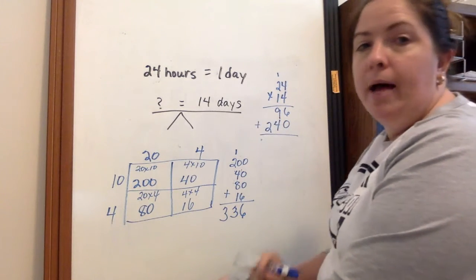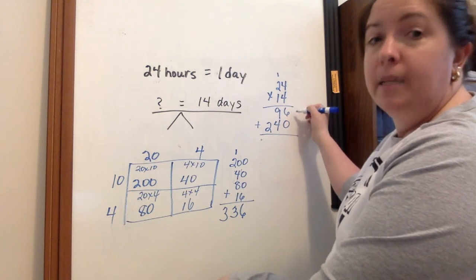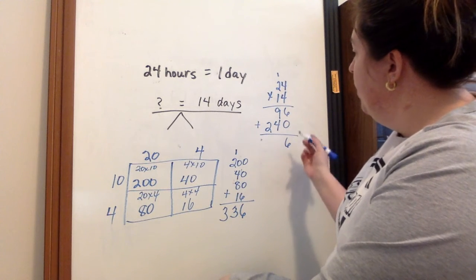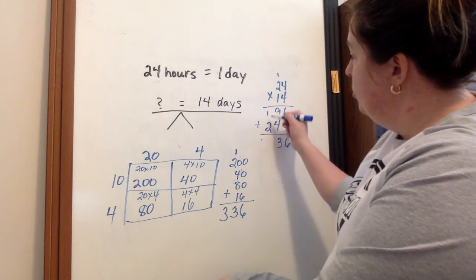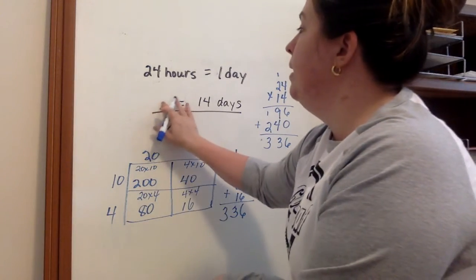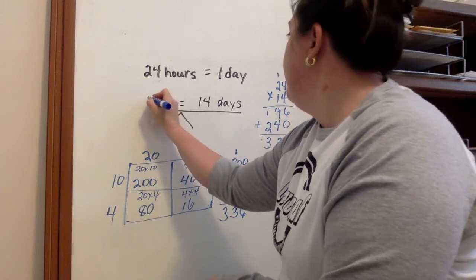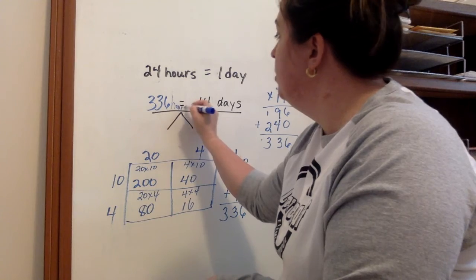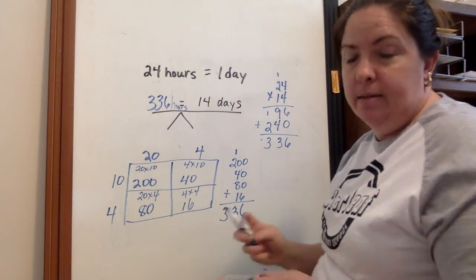And then I need to add my partial products. 9 plus 0, 6 plus 0 is 6. 9 plus 4 is 13. 2 plus 1 is 3. Right? So I double checked my math, I did it 2 ways, and I know that 336 hours balances with 14 days. Okay?